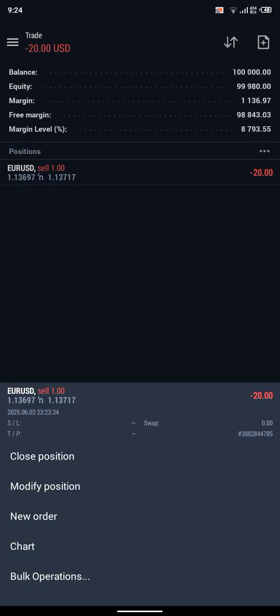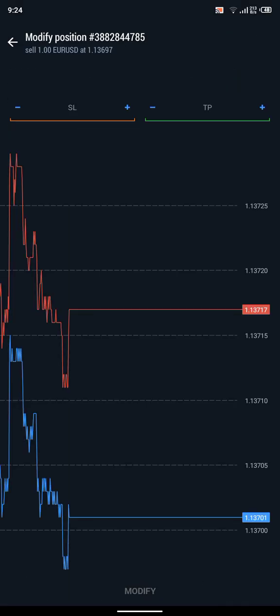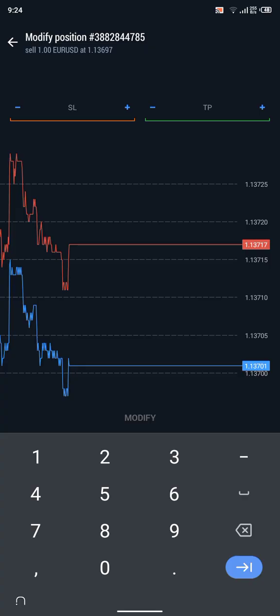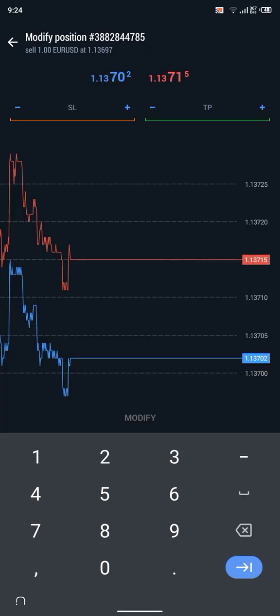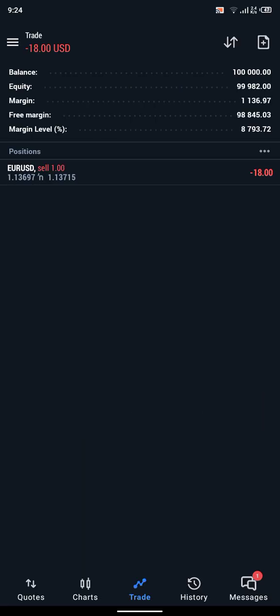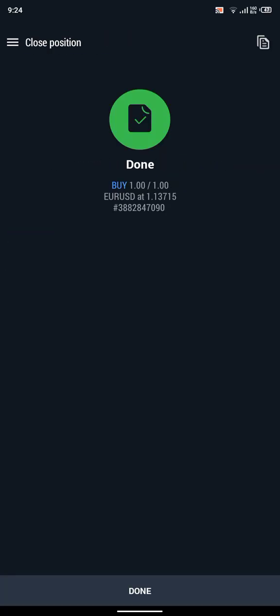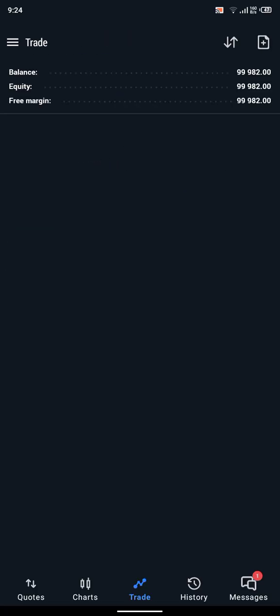Modify position is for when you want to adjust your trade, and the only things you can adjust using modify position are your stop loss and take profit. You cannot adjust your lot size. So once I close this trade using any of the options, see now that the figure has changed. The equity and the balance are now the same. So yeah, that is it.